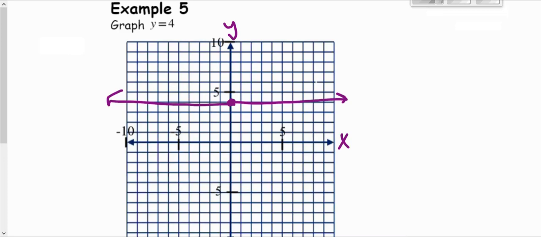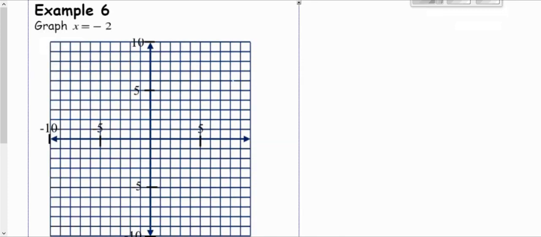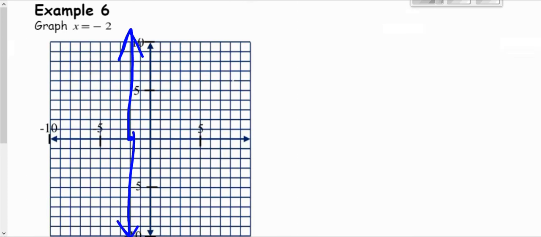Okay? Then we have this x equals negative 2. And this is an x-intercept. So I'm going to go to where x is negative 2. And you want a line that will not touch the y-axis. So we're going to make it straight. Should be all one line. Let's see.